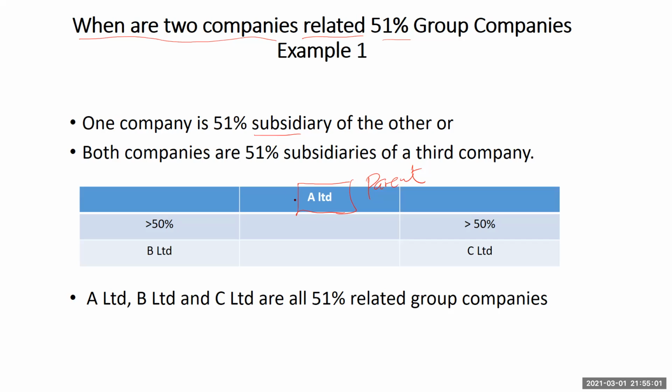Company A owns more than 50% of B and owns more than 50% of C. So the group could be A, B, and C. A Limited is part of the group, B Limited is part of the group, and C Limited is part of the group. The threshold is that A controls or owns more than 50% of the equity shares. So A, B, and C form part of the 51 related groups.